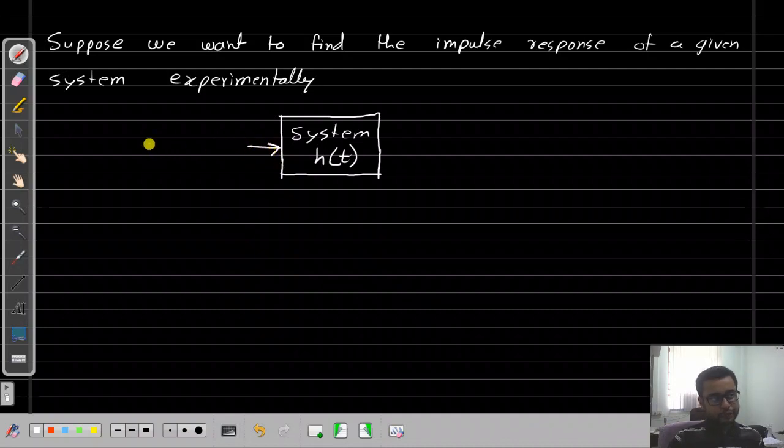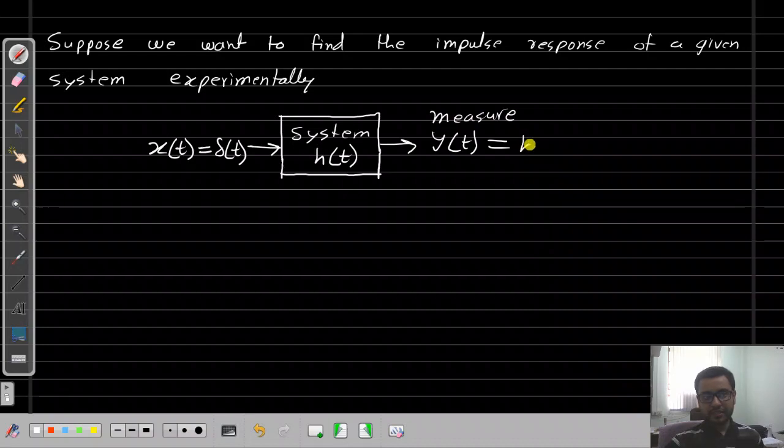We will give input xt equal to delta t, and then we shall measure the output. Measure this output or observe this output. This will be same as h of t by definition. If you give delta t as the input, by definition output is the impulse response.